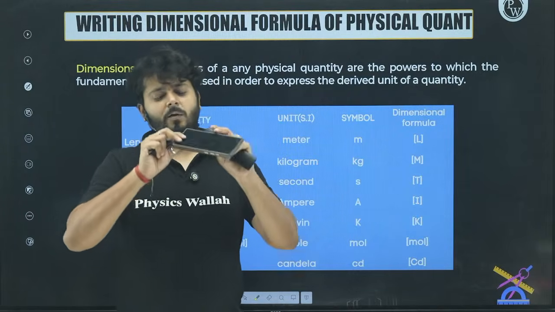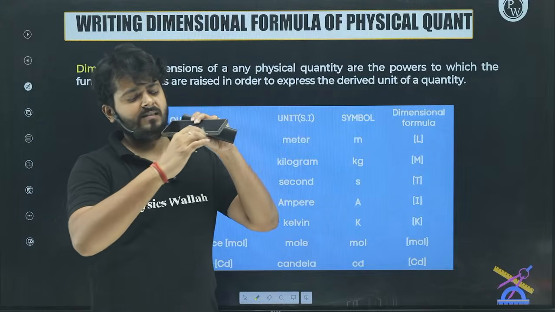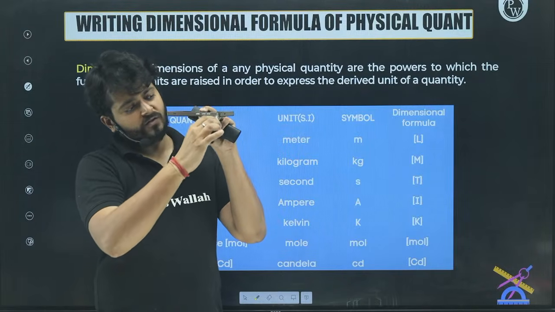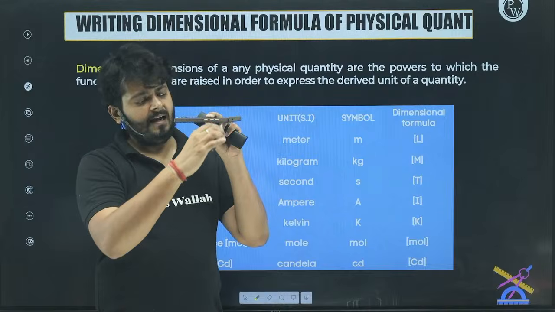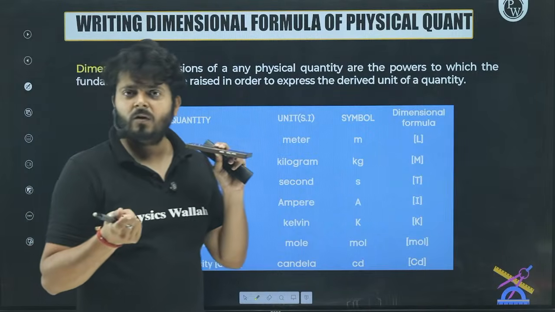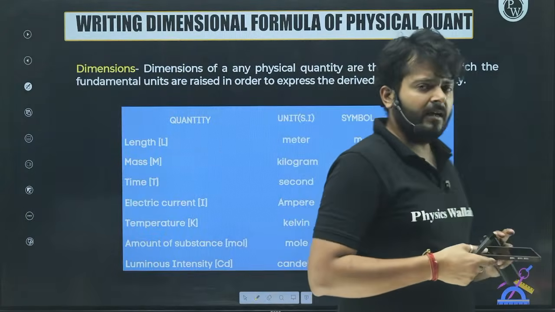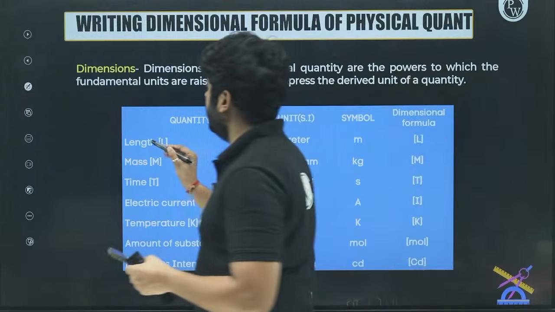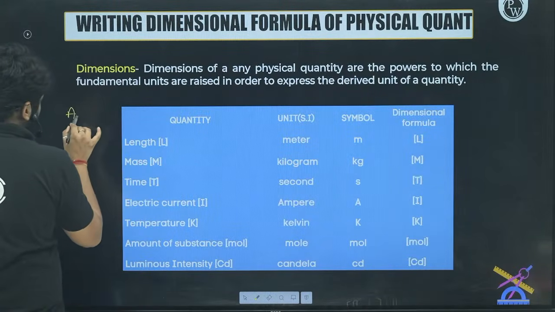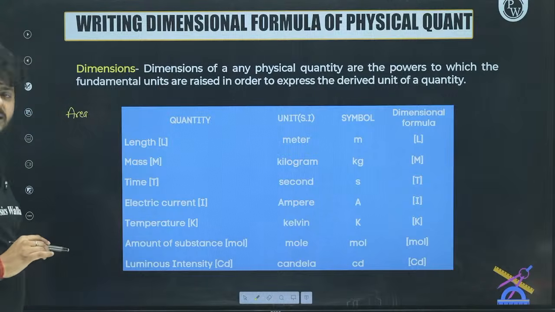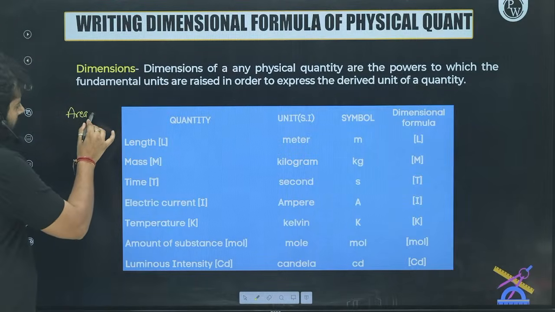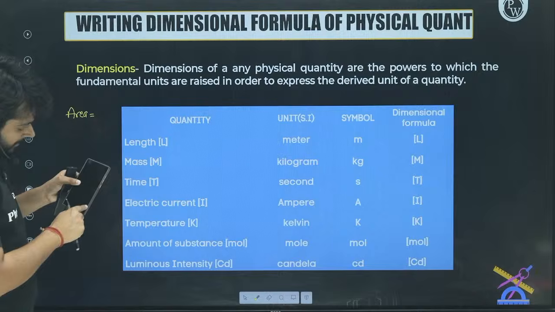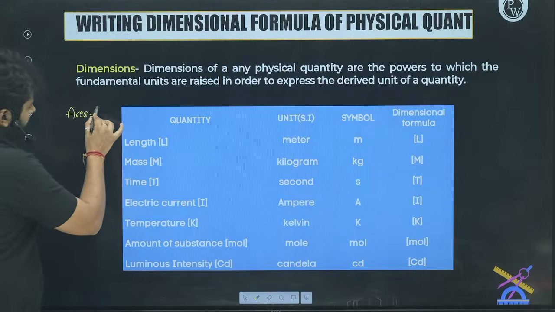For example, I want to get the volume, so I have to measure this, this, and also this, right? Length, width, and height, right? I have to multiply all of them, right? You see that the quantity, which is area, is not a fundamental quantity, it's a derived quantity. It depends on measurement of two different things, length and width.